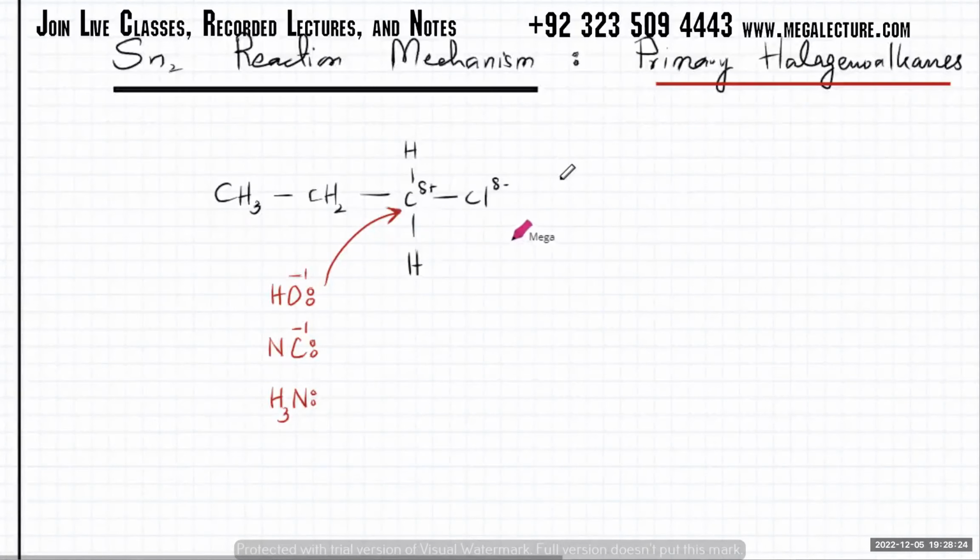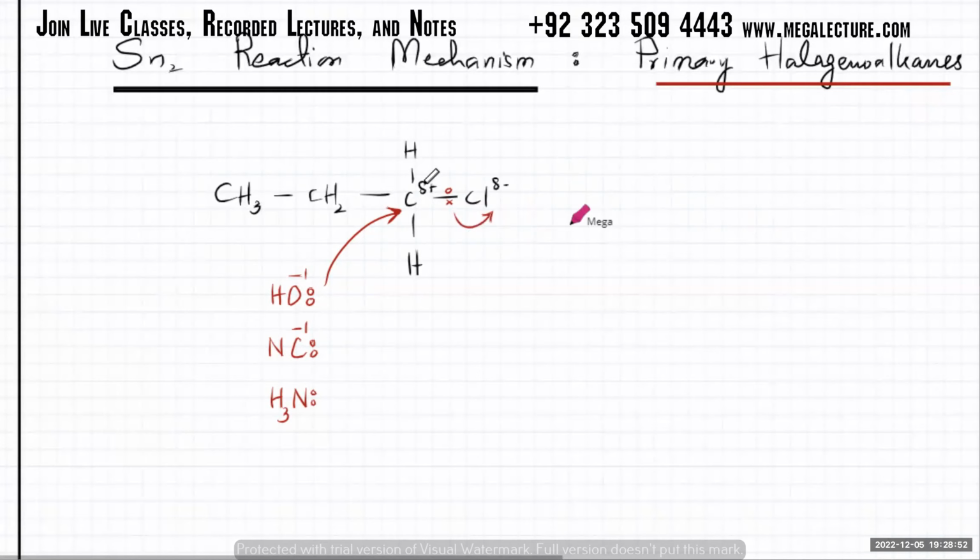And when it gets attracted to this carbon that's positive, the electrons in this bond over here are going to be repelled, because there's negative charge coming in from this side.